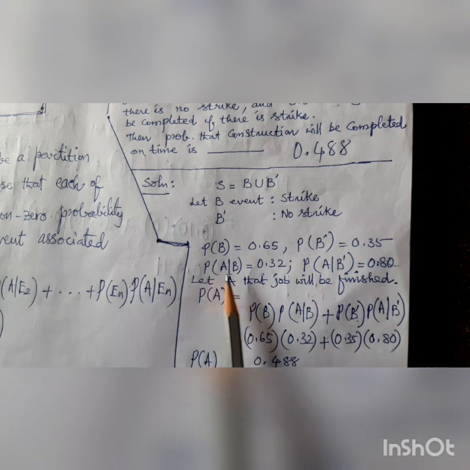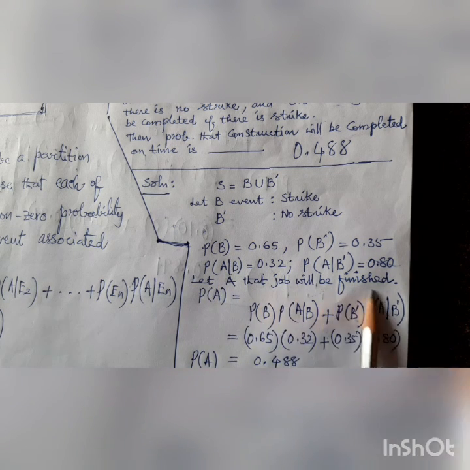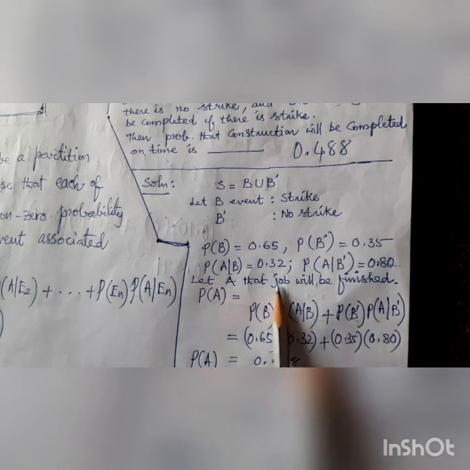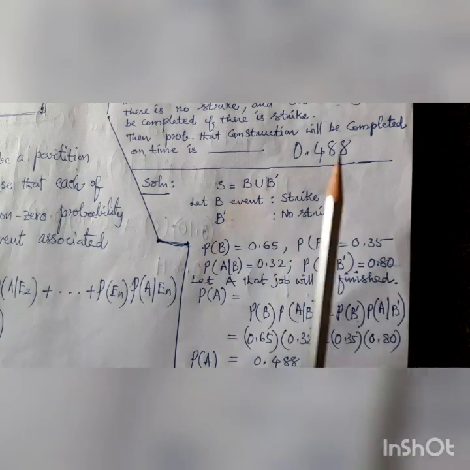That is P of B equals 0.65, P of B dash equals 0.35. Let A be the event that the job will be finished.